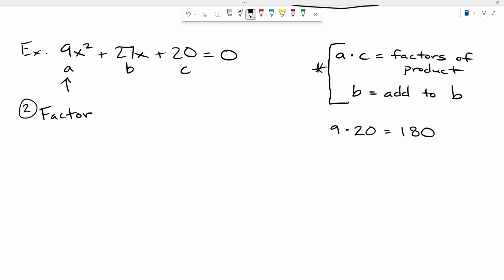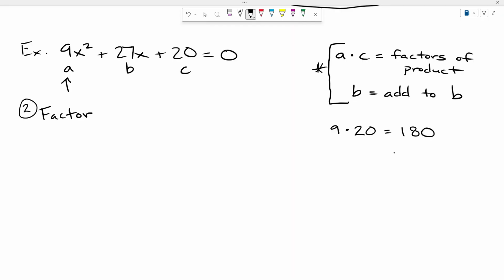So now we need factors of 180. So let's start there. We need factors of 180. So let's start coming up with, I mean, we can skip 1 and 180, and we can skip 2 and 90 because they have to add to 27. So let's skip down a couple.